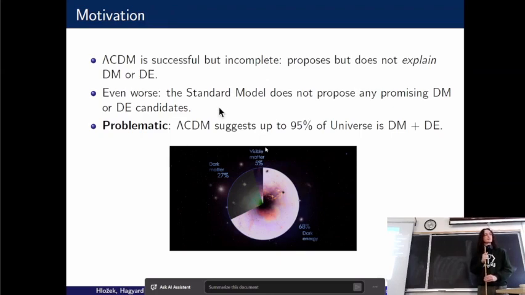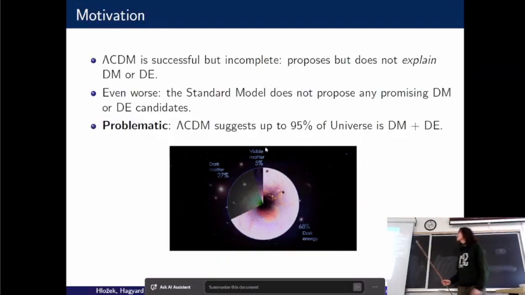So there's a bit of a problem, because while we know that the majority of the universe is made up of this type of matter and energy that we can't see, we have significant trouble describing what that is.